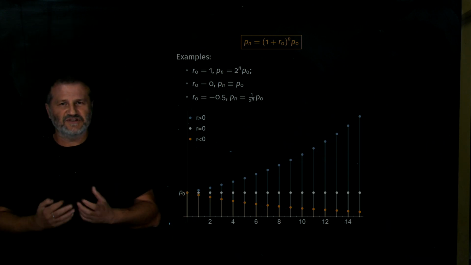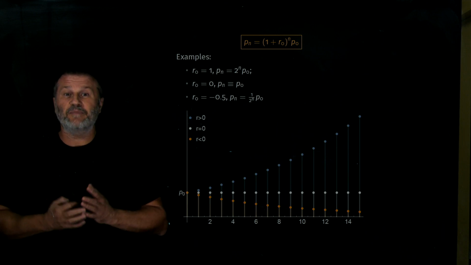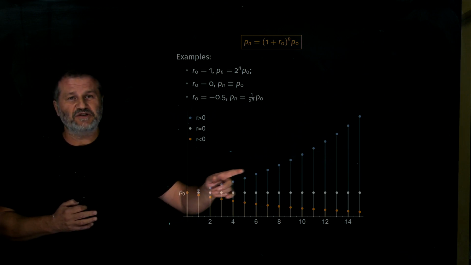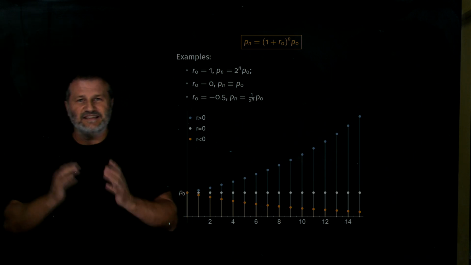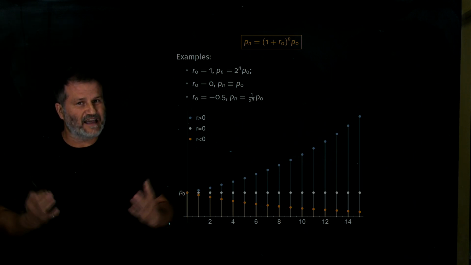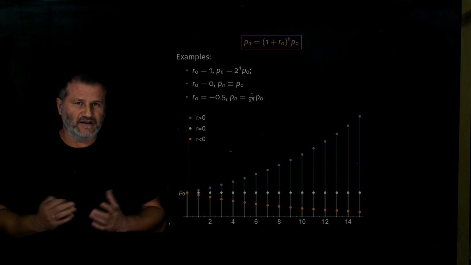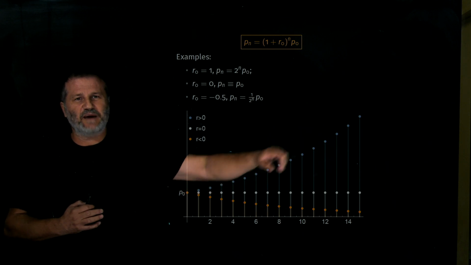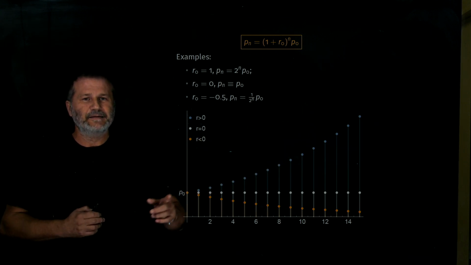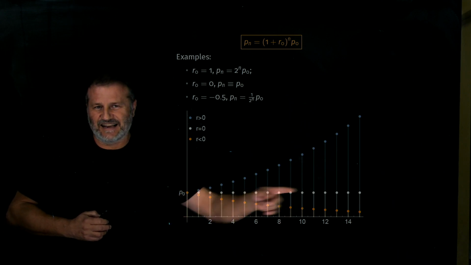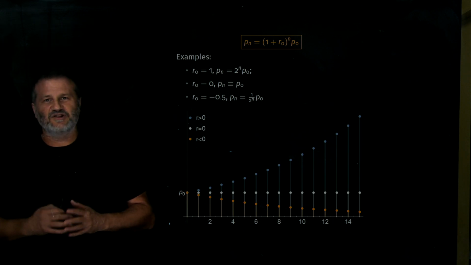Let's imagine that we use this model to describe the time evolution of the human population on our planet. We cannot imagine that the population is growing forever because there is not enough physical space. This physical space is finite, so we cannot have any number of people on the planet, and there is no food. We cannot expect that this behavior is the behavior of the future population on our planet. This is an extremely particular case, and the other possibility is that the population is going to extinction.